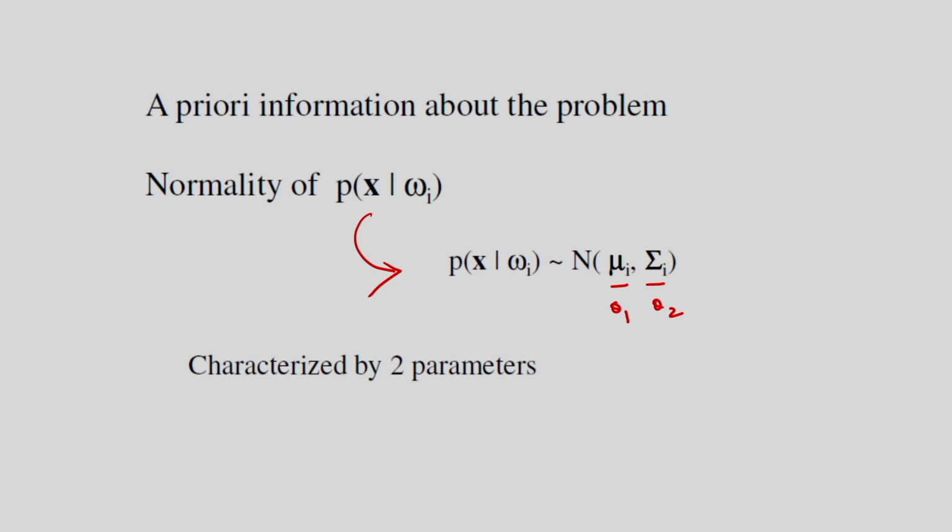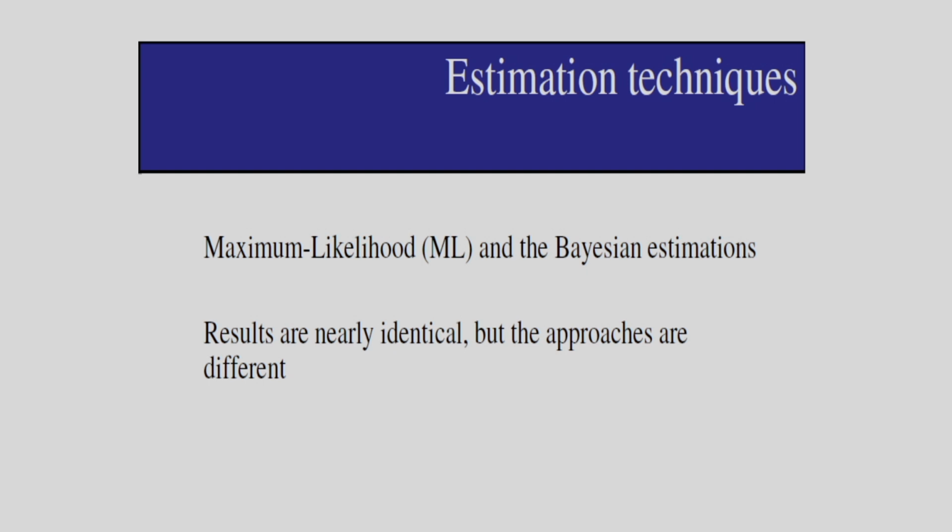In the case of the non-parametric method, the density form is not available, but I have to estimate the density. For the parameter estimation techniques, I may consider the popular maximum likelihood estimation, and also the Bayesian estimation. In both cases, results are nearly identical, but the approaches are different.